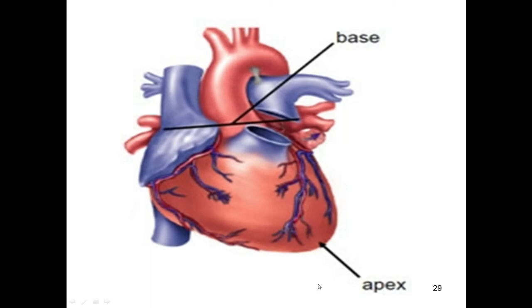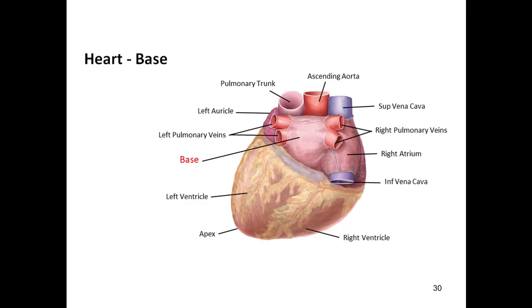Let's see now. This is the apex of the heart and here is the base of the heart, that is the left atrium, and here we can see the openings of the right and left pulmonary veins.